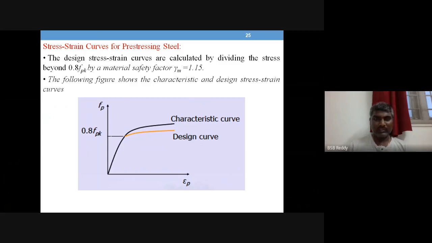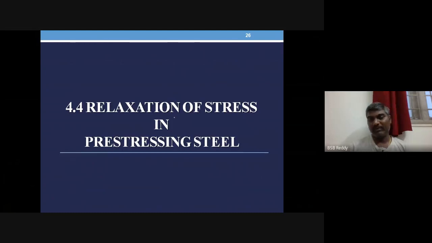A design curve is obtained just by dividing the characteristic curve by the material factor of safety. For steel it is 1.15.